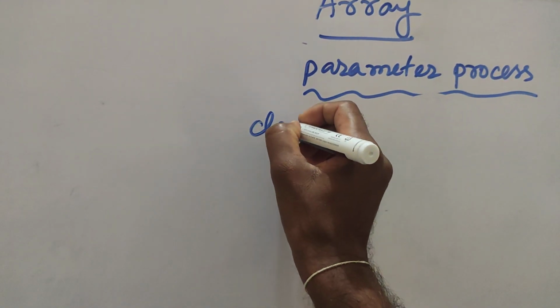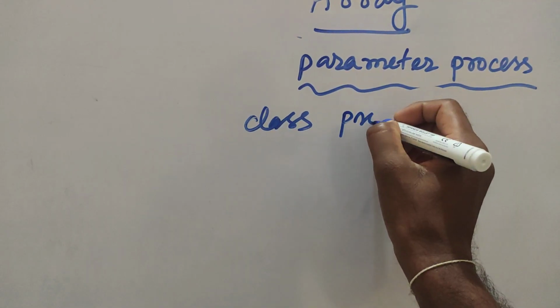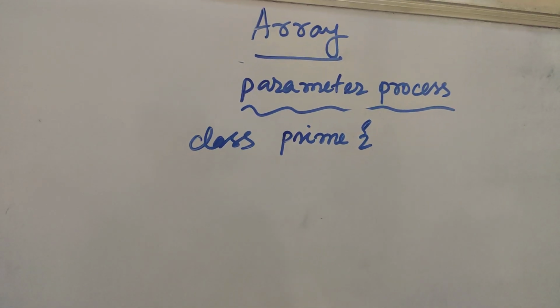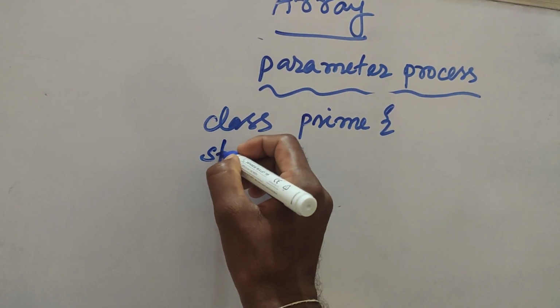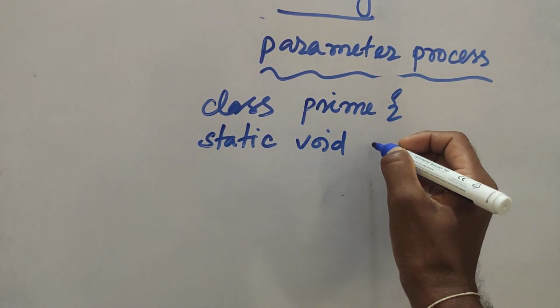So I am writing here a class, suppose PrimeNumber, static void.